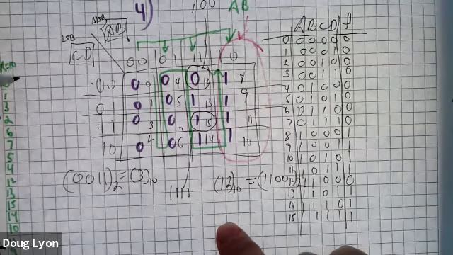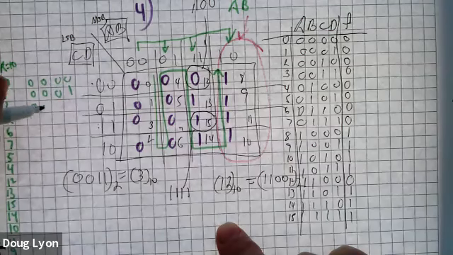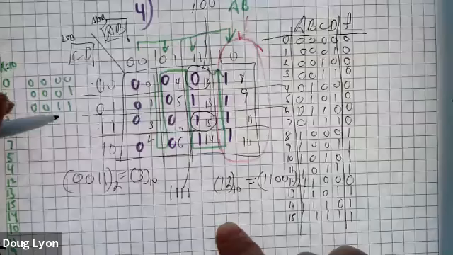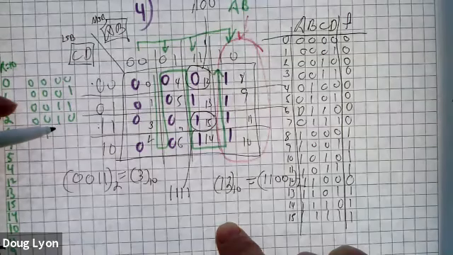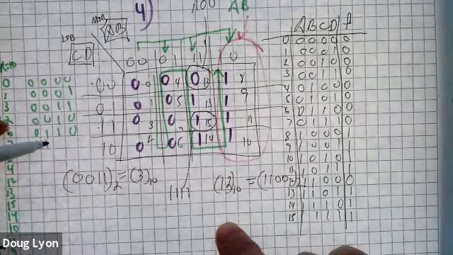Exactly. So now I can write 0000, 0001, 0011. Look, only 1 bit changed. 0010, 0110. Only 1 bit changed. 0111, 0101.